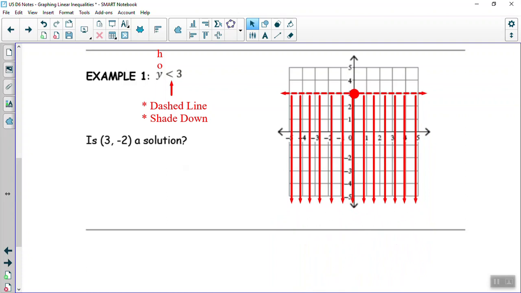All right, so now we want to know, is this one here a solution? 3 comma negative 2. So I'm going to go over to 3 and then down to negative 2.